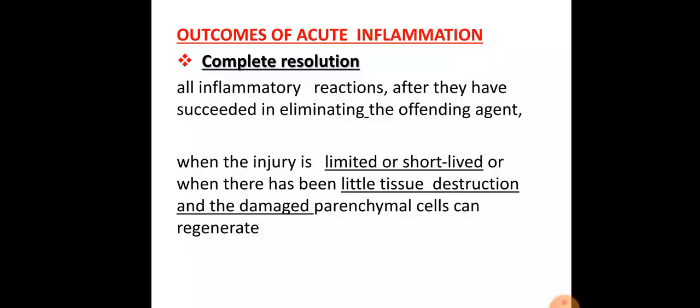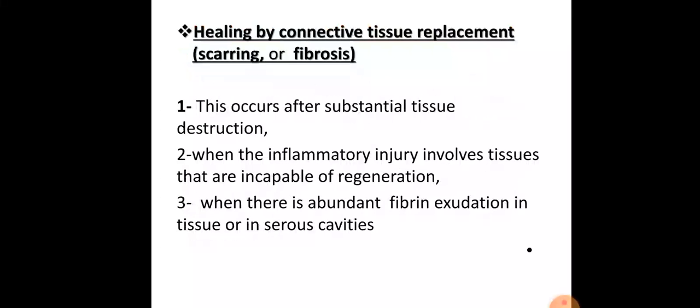So it depends on the type of injury: limited or short-lived, or little tissue destruction, and the damaged parenchymal cells have the capability for regeneration.